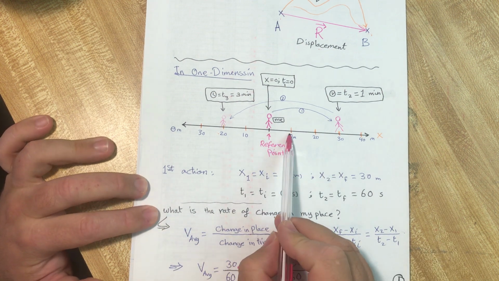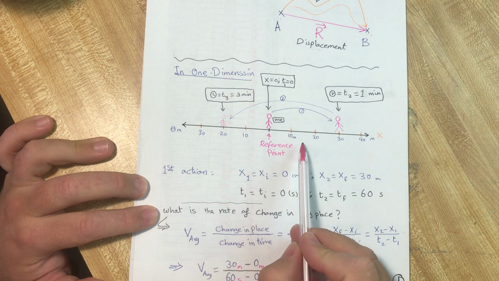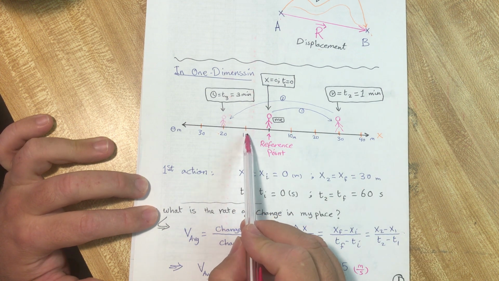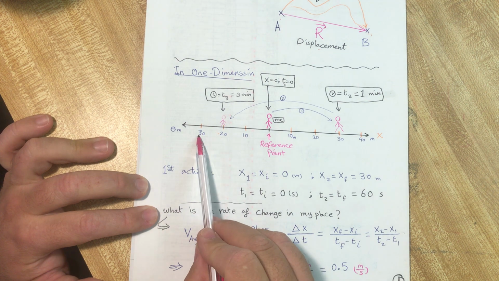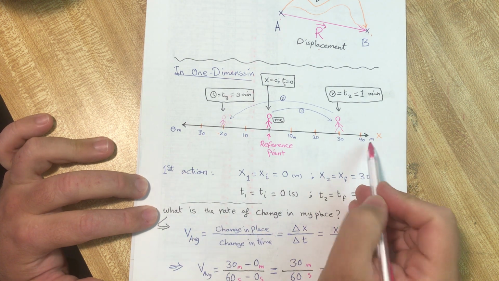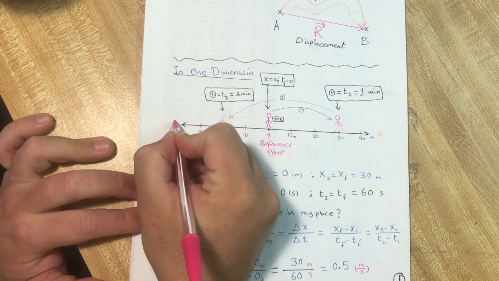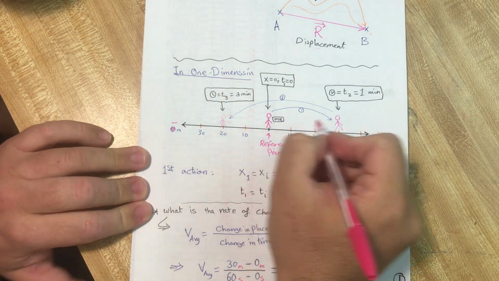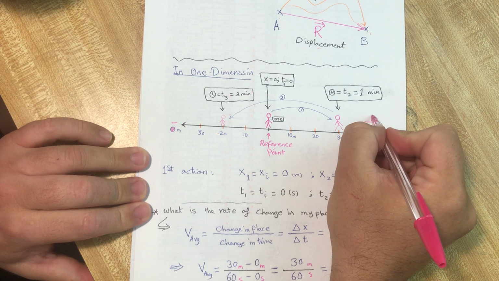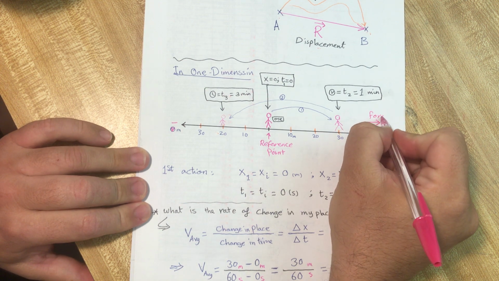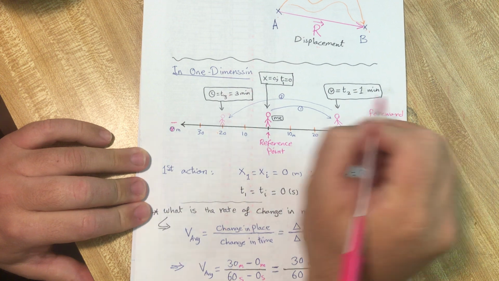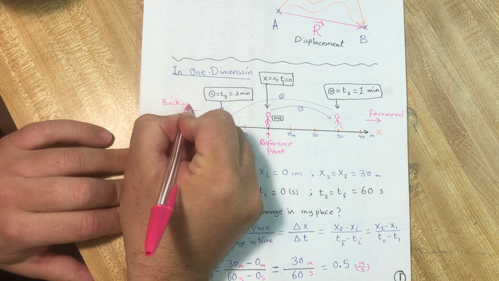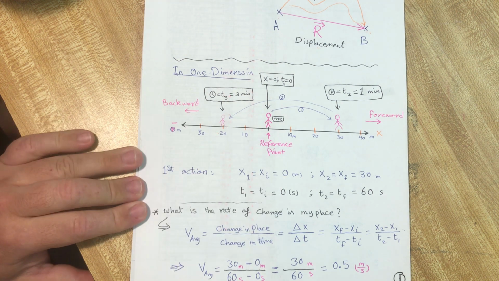So I take these steps as 10 meters, 20, 30, 40 in meters. And this is also 10, 20, 30. This is positive and this is negative. This means that this direction is forward and this direction is backward. Easy?